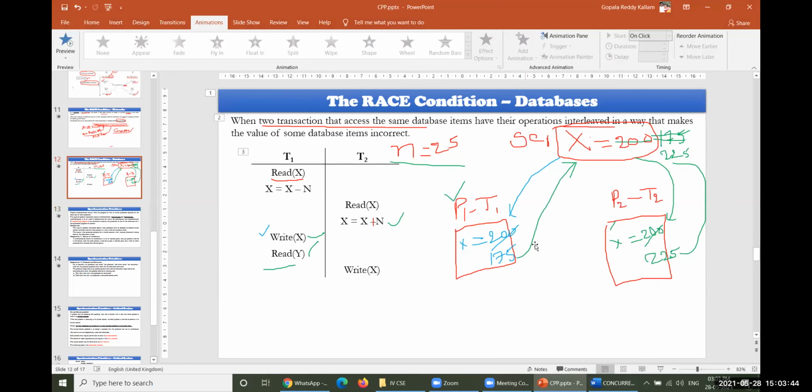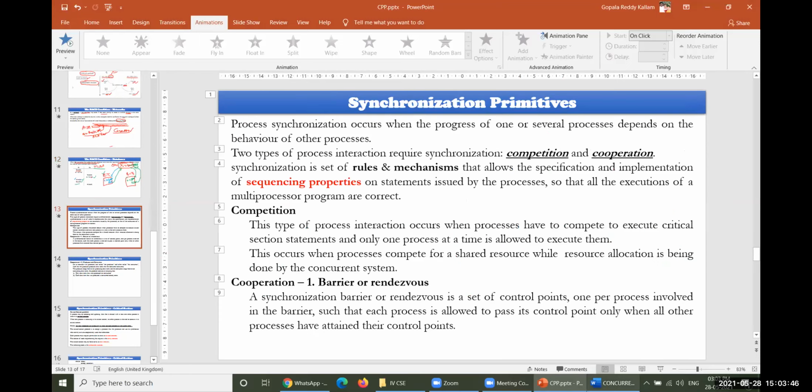So previously, in the previous classes, we have completed the race condition: how the race condition exists in different kinds of platforms, such as operating systems, database management systems, or computer networks, real-time computer networks, and what the different kinds of race condition primitives are.